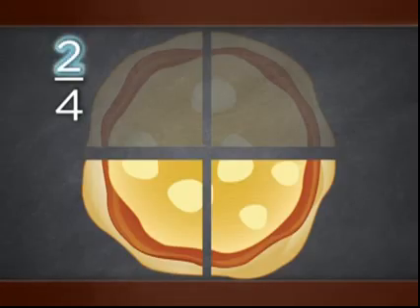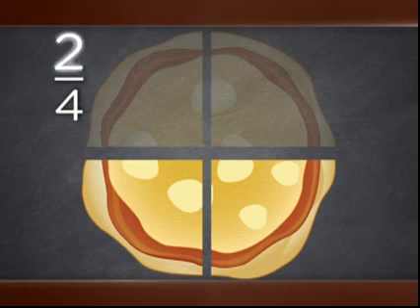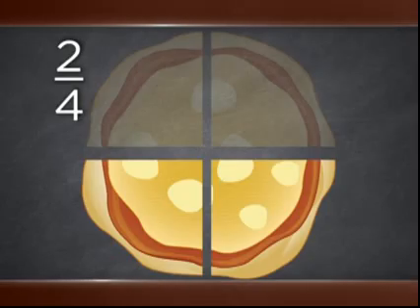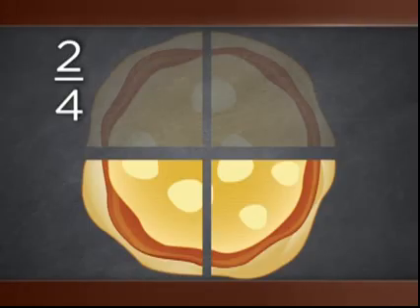You have 2 out of the 4 possible slices. Remember, that's the role of the numerator, the 2 slices that you have, and the denominator, the 4 total slices. That's where we get the 2 and the 4. The numerator tells me how much I have. The denominator tells me how many total parts there are.